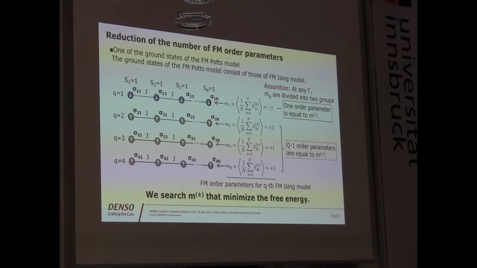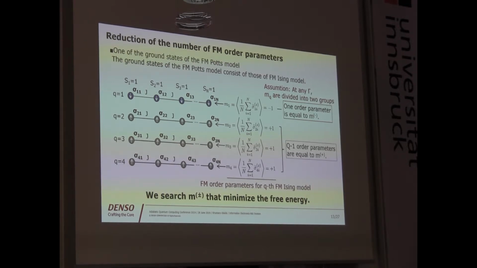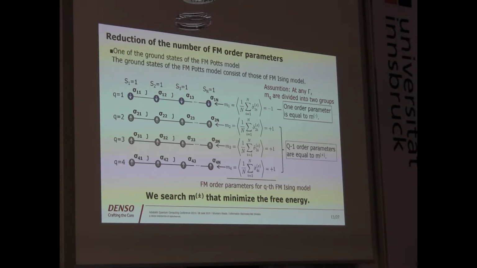Because the one-hot constraint divides the ferromagnetic order parameters into two groups, we assume that one order parameter is equal to n-, and q-1 order parameters are equal to n+ at any gamma. And then we search for n± that minimize the free energy.